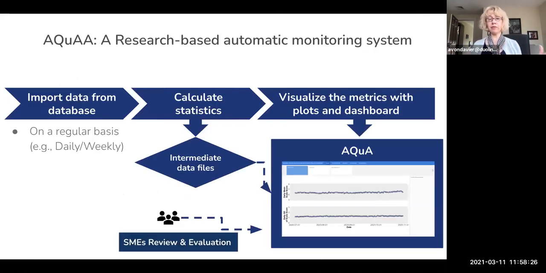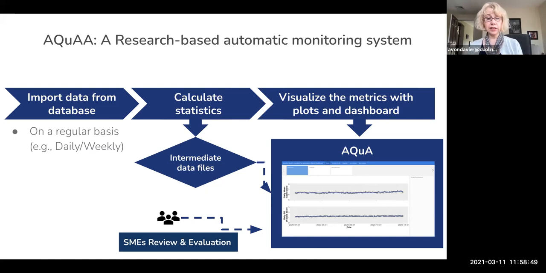And just to give you a very quick overview here is, we call it Aqua, Analytics for quality assurance for assessment. It can be used for any assessment. At the moment, for us, it's used for the Duolingo English Test. And the way it works is it imports the data from the database, which can be daily, actually.